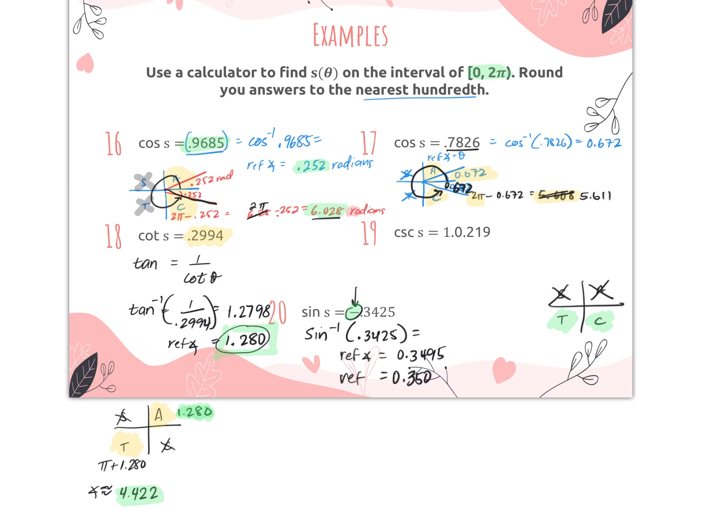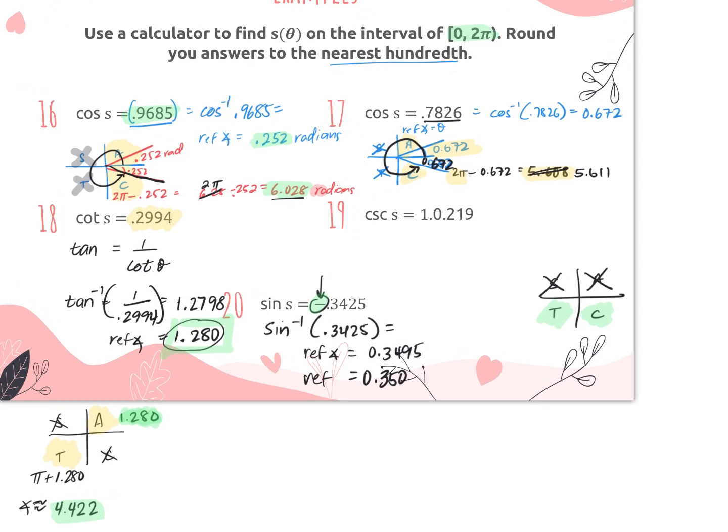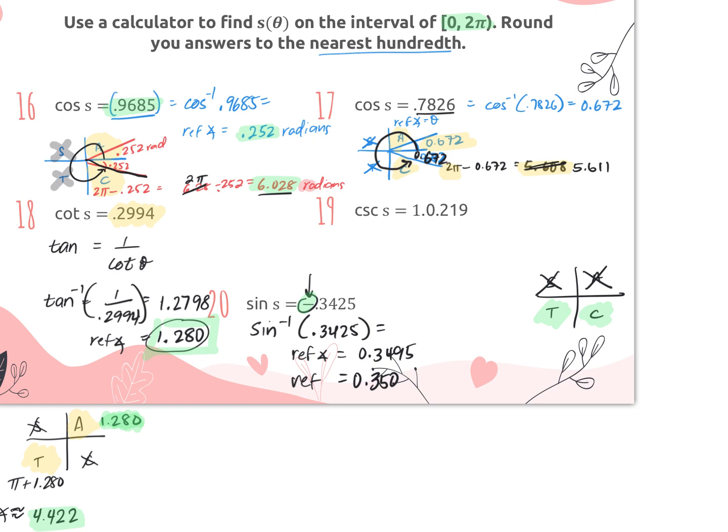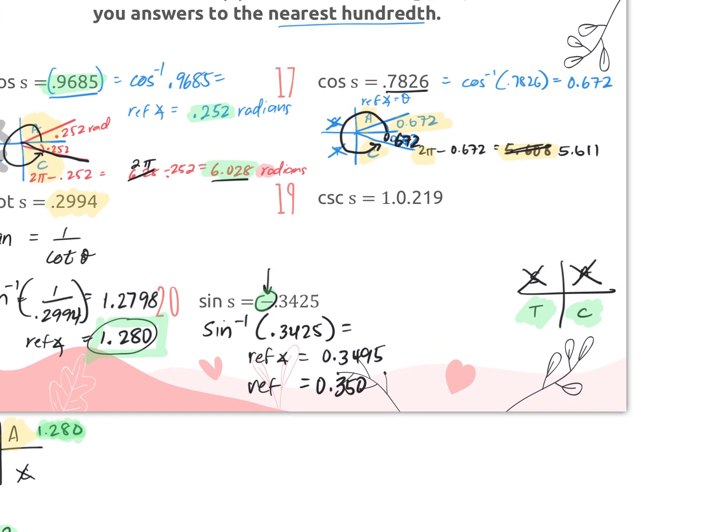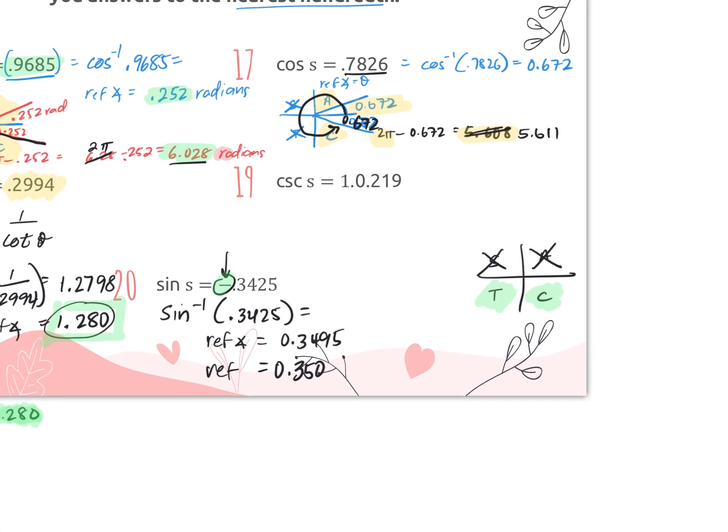So my reference angle is basically 0.35. So I know my answer is going to come from quadrants 3 and 4. In quadrant 3, I do pi plus the reference angle, 0.350. And in quadrant 4, I do 2 pi minus 0.350. And I'm going to get my two angles.